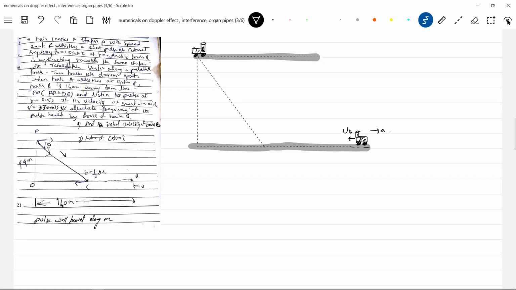Train A crosses with a speed of how much? UA, 20 meter per second. We'll write all the data.